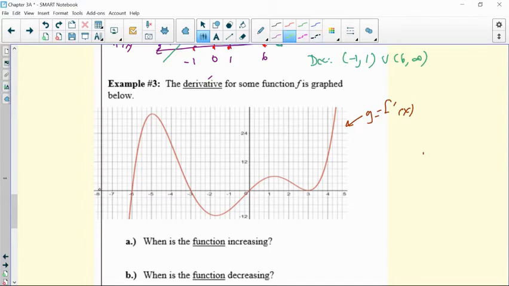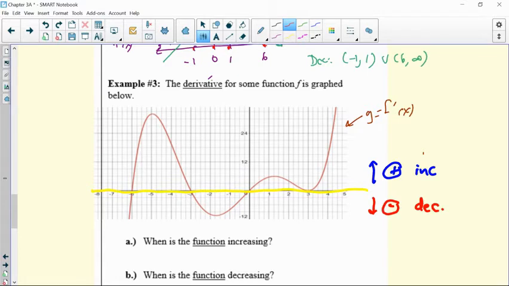Especially when I first start doing these problems, indicating the x-axis is a key place to look, because anything above the x-axis is a positive first derivative, meaning your function is increasing. Anything below the x-axis is a negative derivative, therefore the function is decreasing.